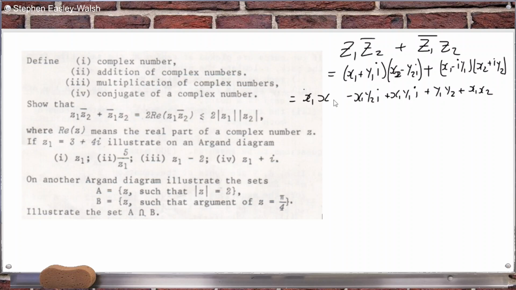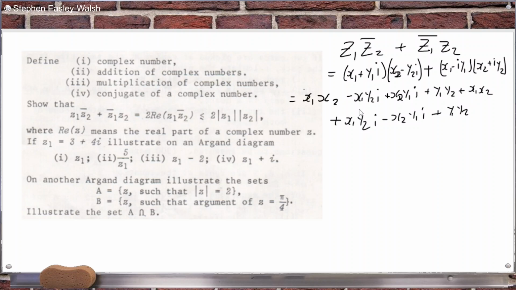X1 X2, and that should have been X2. So X1 X2 minus X1 Y2 i plus X2 Y1 i plus Y1 Y2, plus X1 X2 plus X1 Y2 i minus X2 Y1 i plus Y1 Y2.